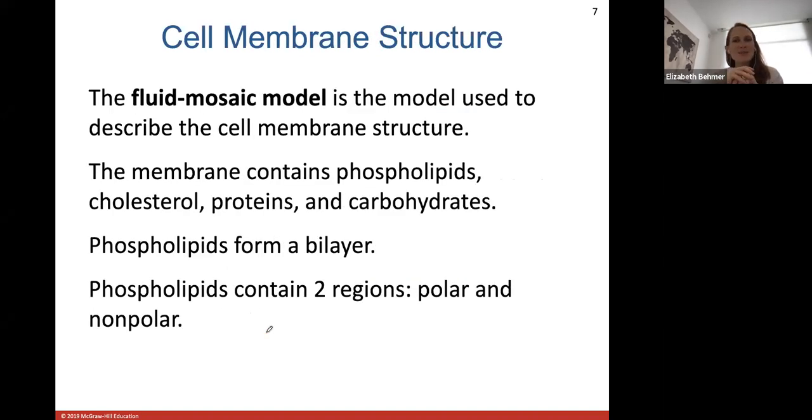We talk a lot about the cell membrane and what makes up its structure, because your cell membrane is really important for letting things into the cell that could activate that cell to do something. So we'll spend some time talking about the cell membrane first before we go on to the other structures. We use the terminology fluid mosaic model to describe the cell membrane structure because it's a mosaic, made up of a lot of different pieces, and it's fluid, where all the pieces are moving within it.